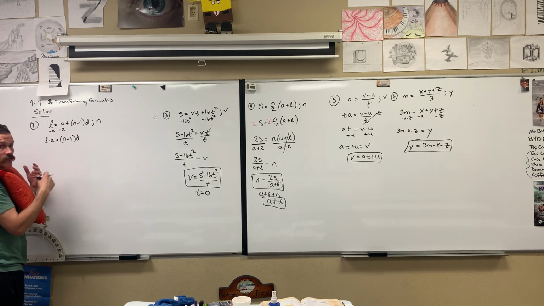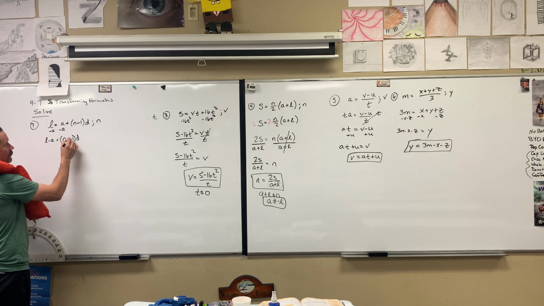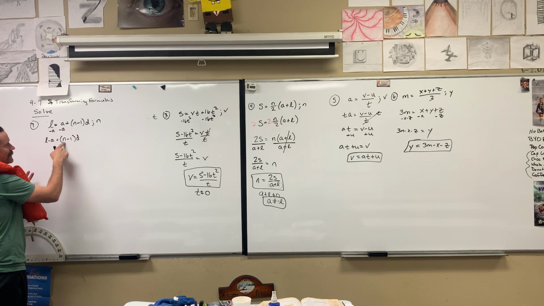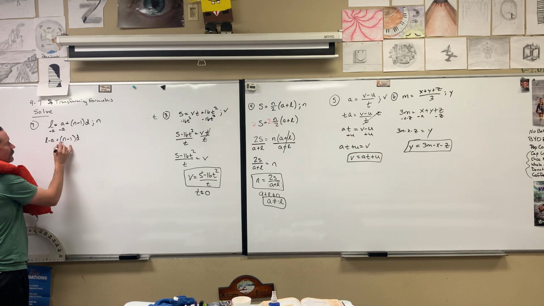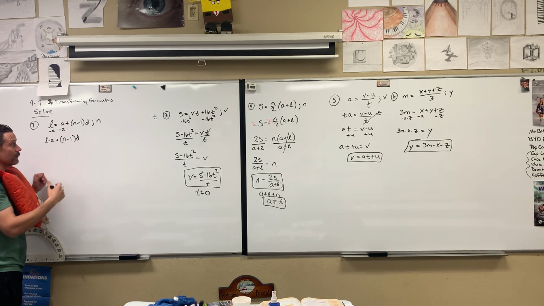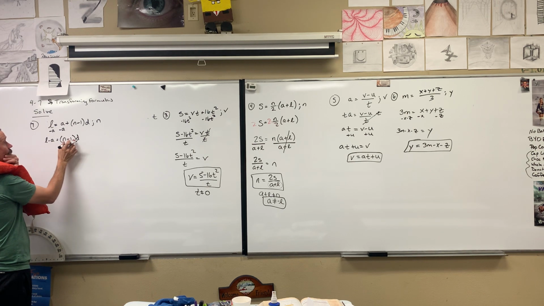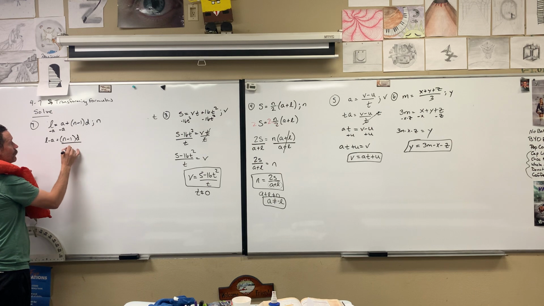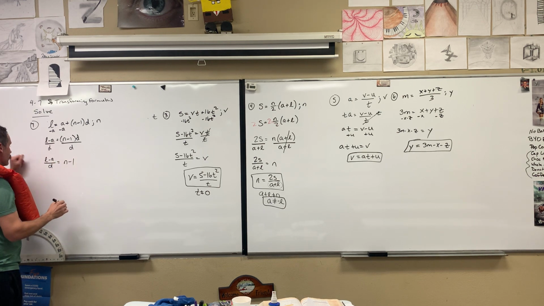Now you could distribute the D in, but again, then you'd have to divide it out later. When you distribute it in, it would be ND or DN, then you'd have to divide by the D. So recognize that this quantity is multiplied by the D. You want to get rid of the D. Again, before you can add this 1, since this is a quantity being multiplied, you need to divide both sides first by D. So you would have (L minus A) over D is equal to n minus 1.